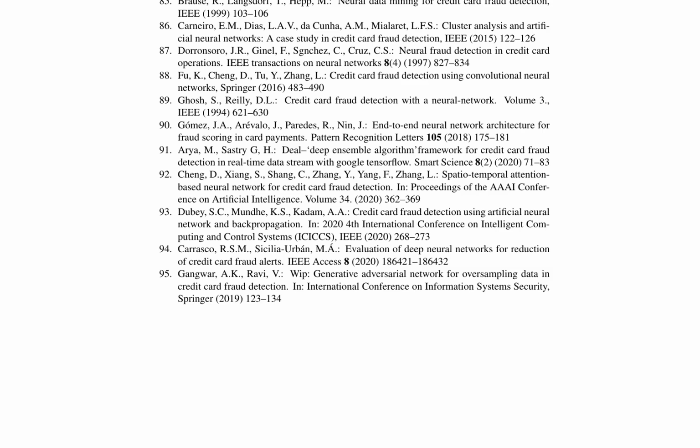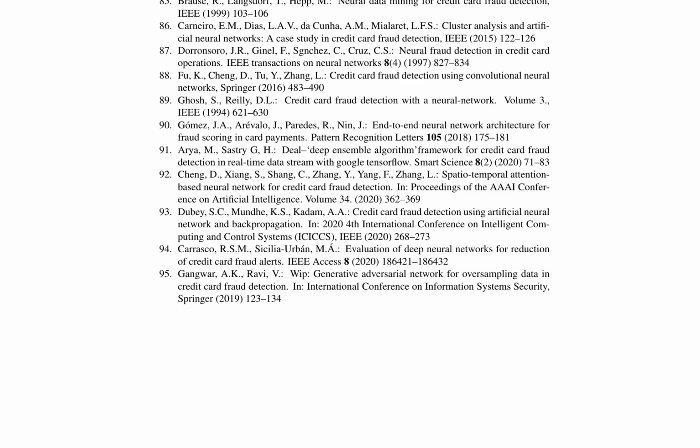Several papers utilize neural networks, including convolutional neural networks, recurrent neural networks, and deep neural networks, to detect credit card fraud. These models are often combined with optimization algorithms, such as genetic algorithms, simulated annealing, and particle swarm optimization, to optimize the model parameters.